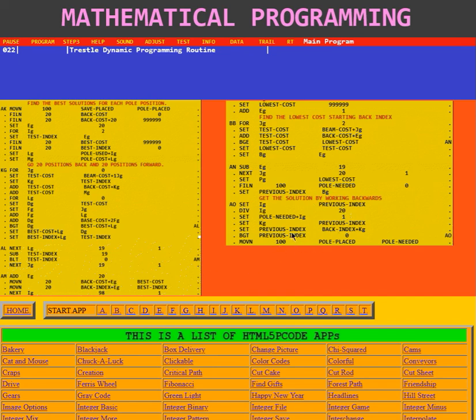Once it's finished with this, then it knows all the poles that are in the solution, and it comes down here, and one last thing it does is it moves the 100 values at pole needed to pole placed. That's probably pole placed is what it uses to display the answer. So this is the video on Trestle Dynamic Programming Routine.